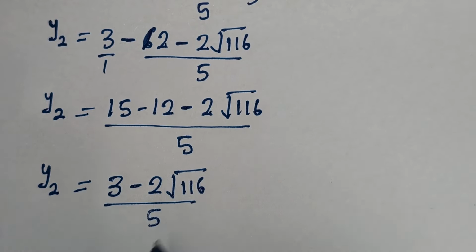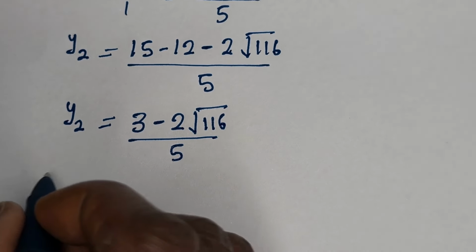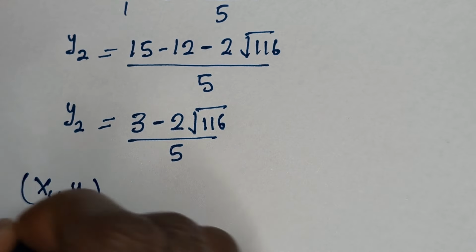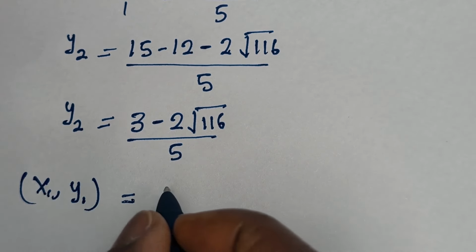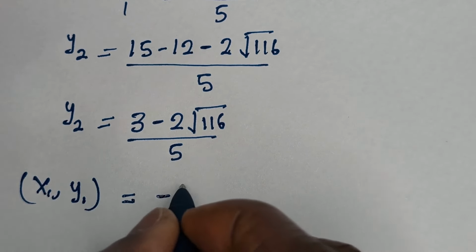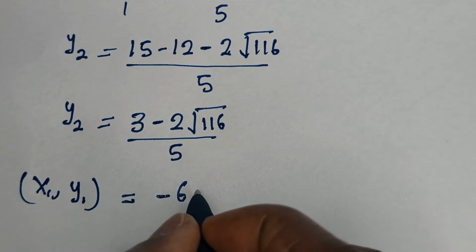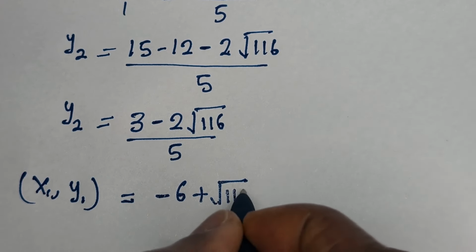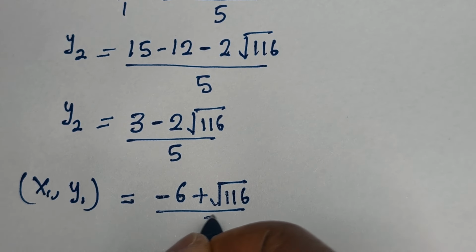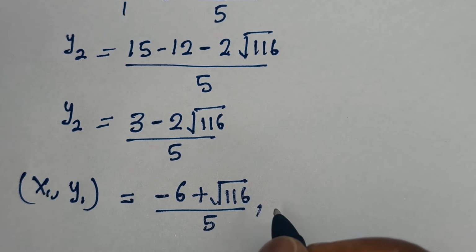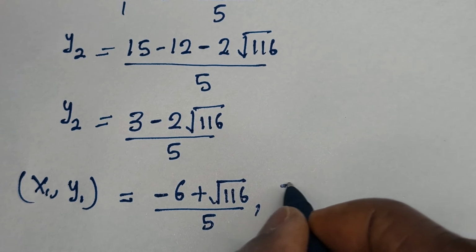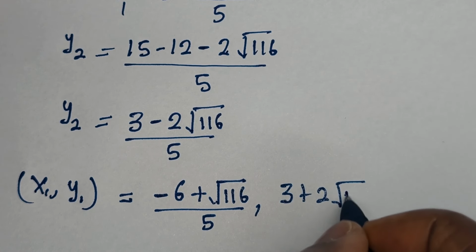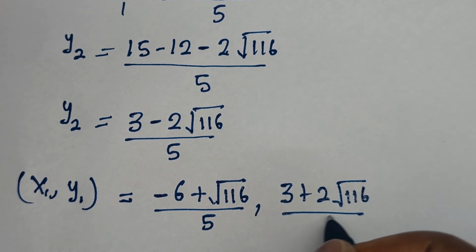Therefore, our final answers are x1, y1 is equal to minus 6 plus square root of 116 over 5, 3 plus 2 square root of 116 over 5.